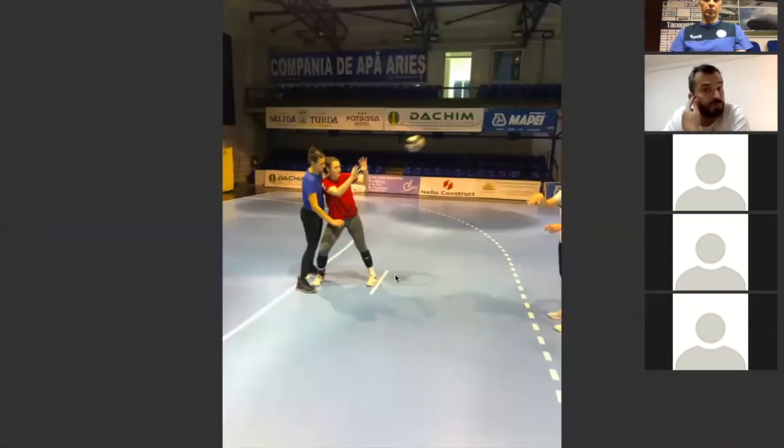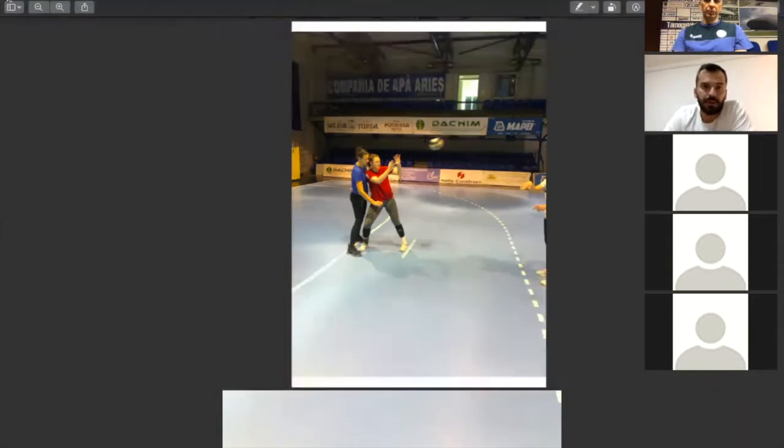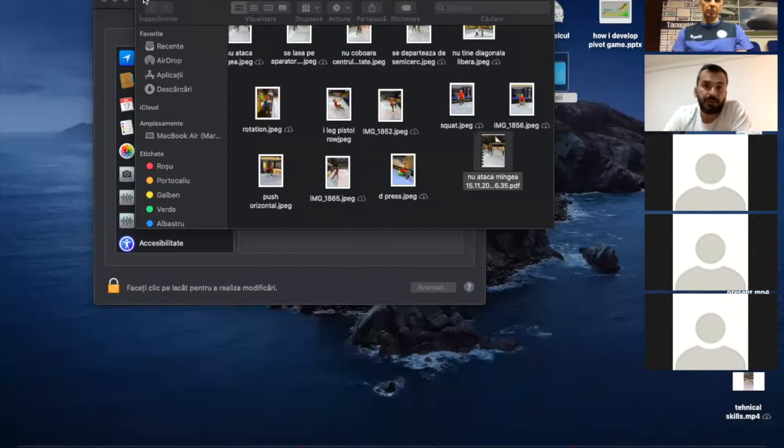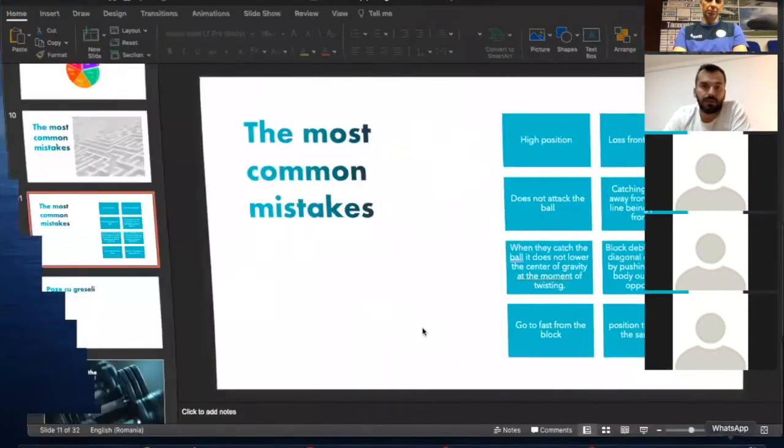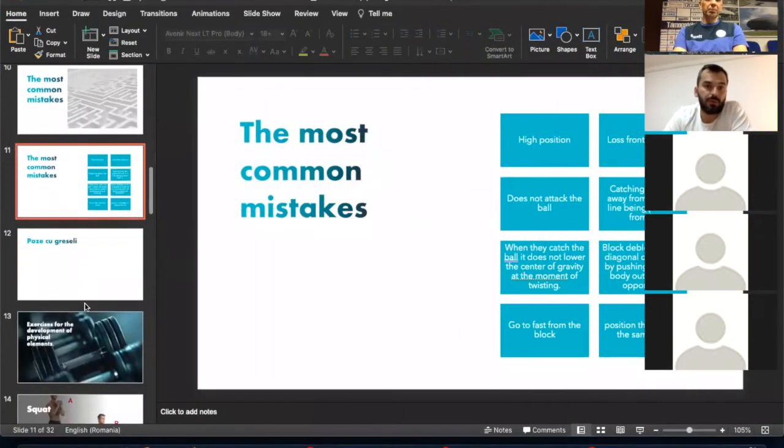Here also, she doesn't attack the ball, she just waits for the ball to come, and it's very easy for the opponent to take the ball, or to defend in front of the pivot. So these are a few mistakes that I tried to show you. I'm sure that you know about that.